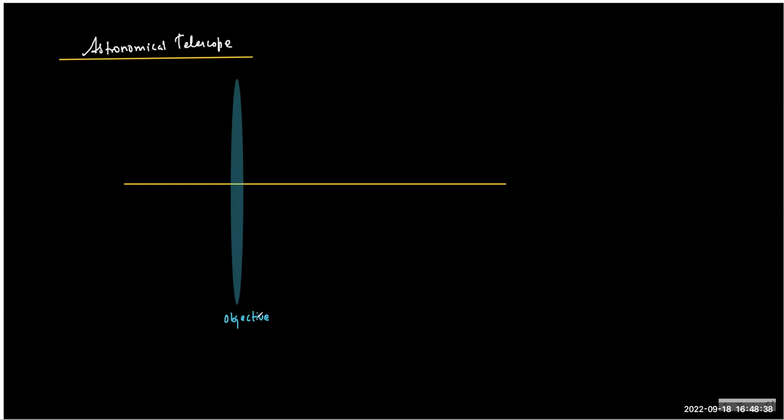It is difficult to create a lens which is free from such aberration and has a bigger size. So the future was all about the reflecting telescope, in which we replace refraction by reflection and achieve the same magnification. We have the Cassegrain telescope, which is the first very famous reflecting telescope. You can read more about it in NCERT or on the internet.